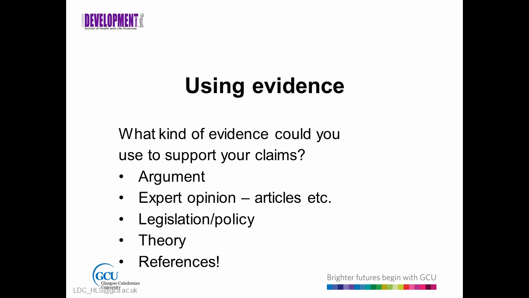You could use your own argument or somebody else's argument. You could use expert opinion. You could use perhaps some legislation or some policy to back up what you're saying. Perhaps you're recommending a particular course of action and you might need some guidelines to back up what you're saying. You could use some theory. And of course, if any of this comes from another source, you also need your references.